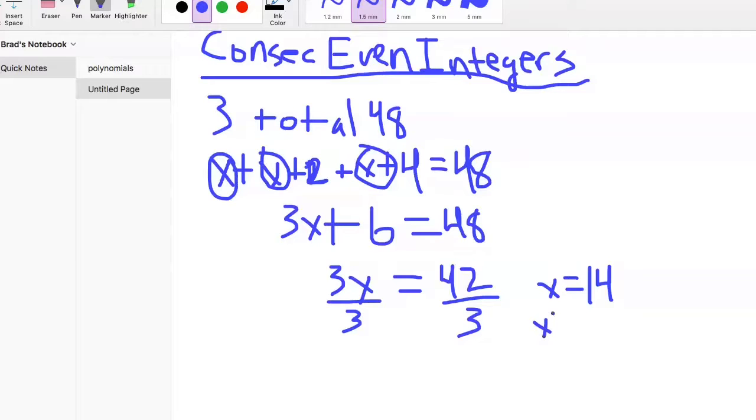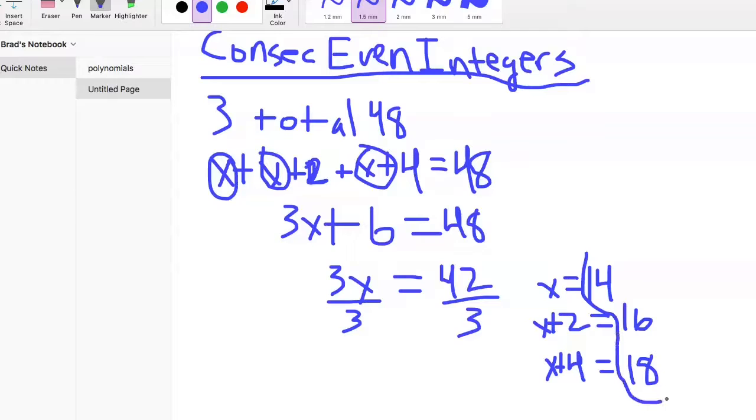Then we go back and remember that x plus 2 is 16, and the other one, x plus 4, is 18. Okay, and so those are our 3 numbers.